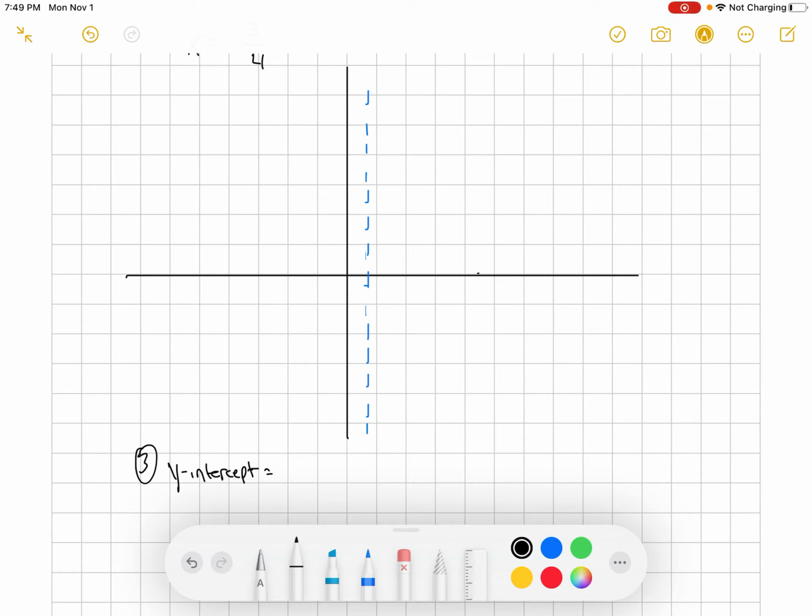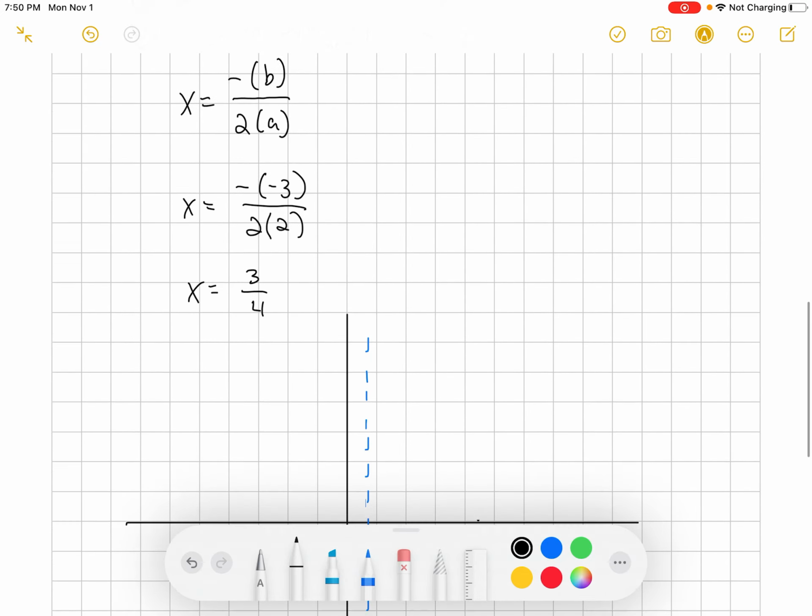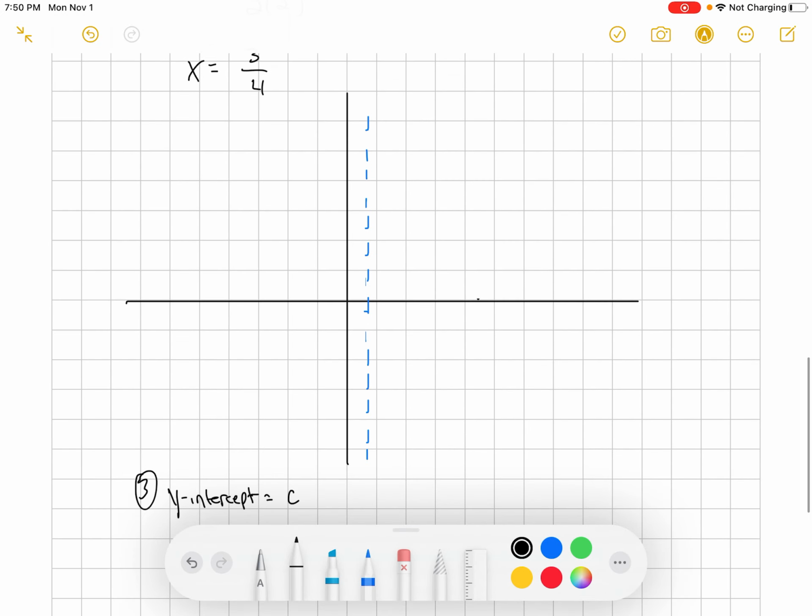And the parabola always crosses the y-axis at C. Whatever your C value is, that is where your parabola crosses the y-axis. And so we're going to put a point at positive 8, right here.